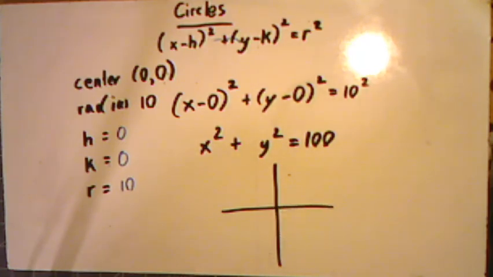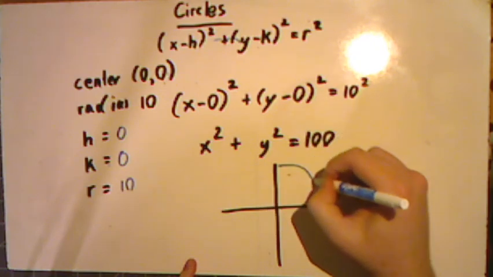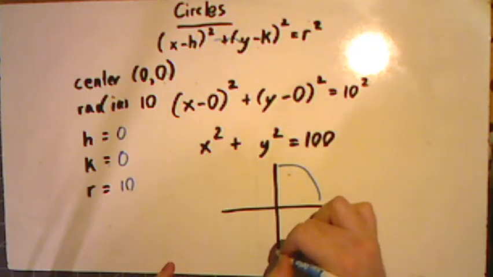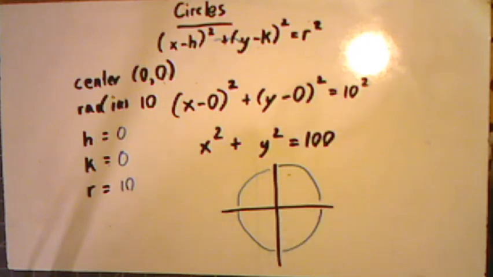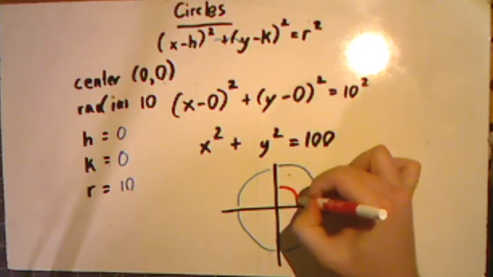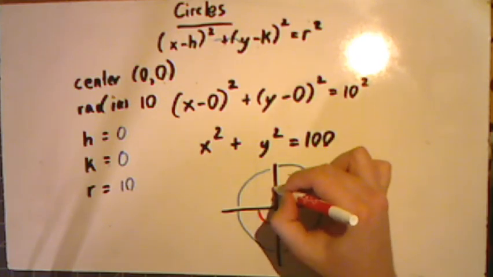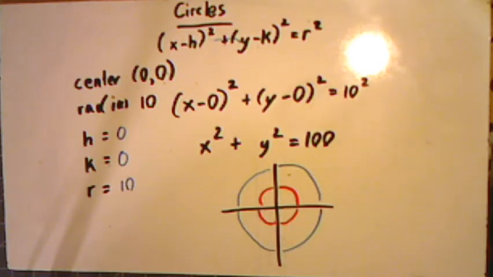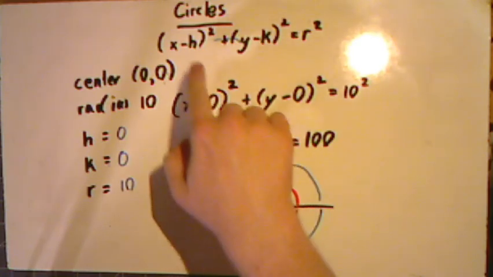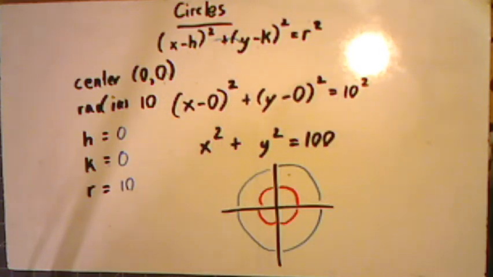So the size of the circle itself is based off the radius, and so you could have multiple sizes coming from the center point, whether slightly larger, slightly smaller, and so on and so forth. Every other circle will have a specific x and y value that you have to plug in for, but whenever it is at the origin point or 0, 0, that is just x squared plus y squared, and then you have the radius squared on the end.